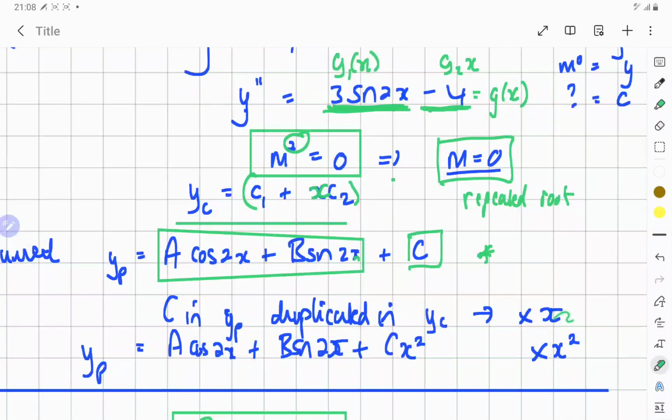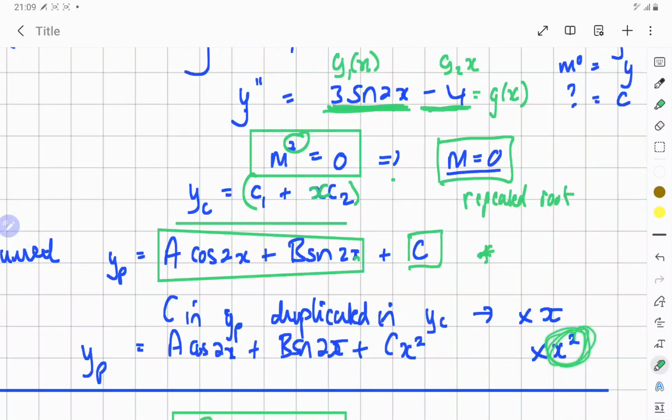And that's where the sentence came from that I mentioned earlier, that you must multiply your term by x to the power of n. What is n? It is the smallest power that will eliminate duplication. x to the 1 is not going to eliminate duplication because you get cx, which is then duplicated there. So you need to multiply by x squared.